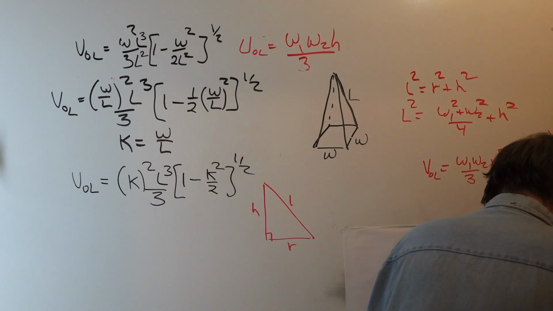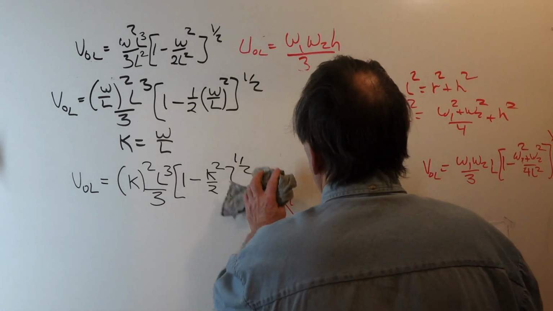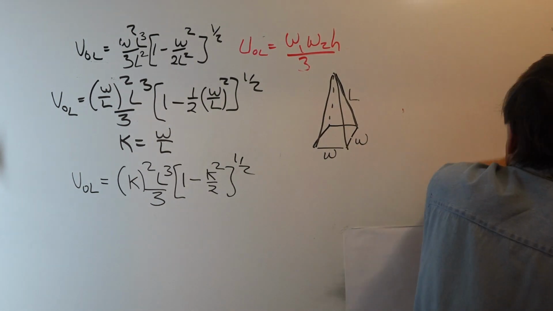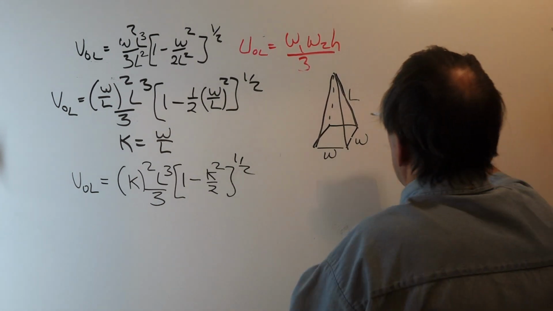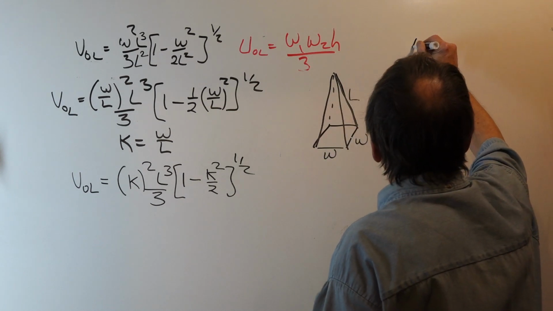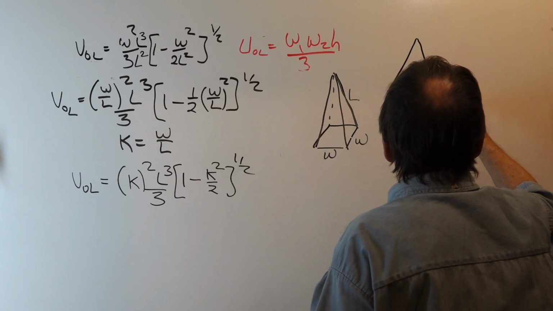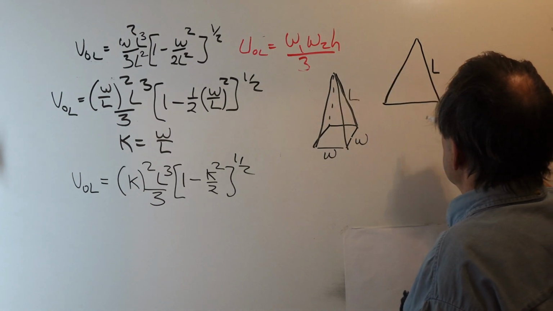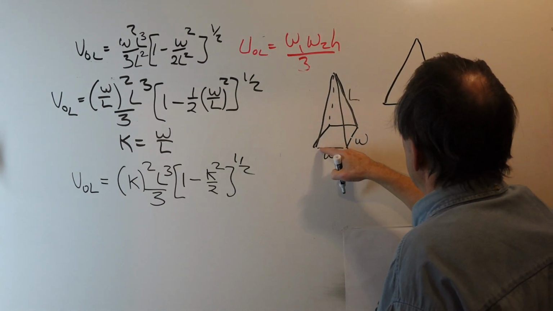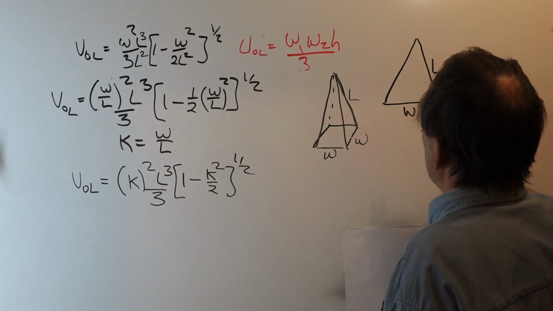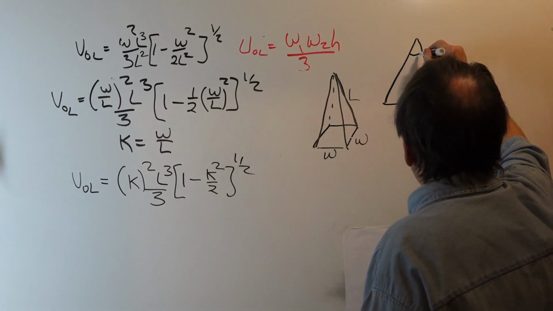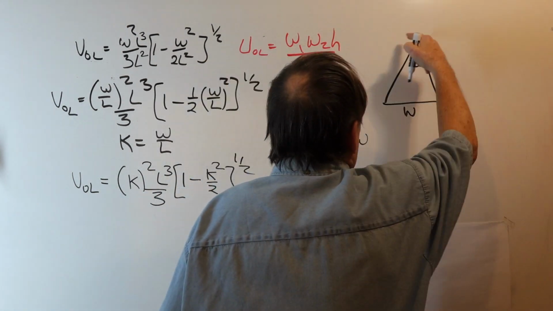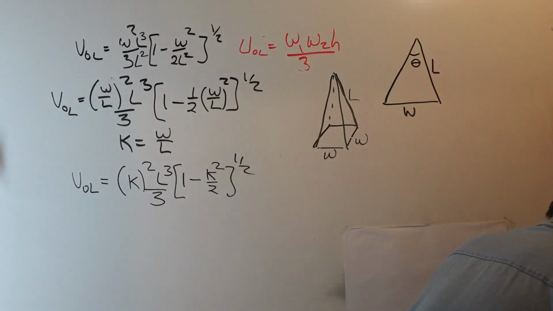Now I'm going to do one other thing here. If we look at one of the faces, let's take the front face. The front face is going to look like this. The slope side is length L, the base is W, and then we have an angle theta that the edges of the face make.